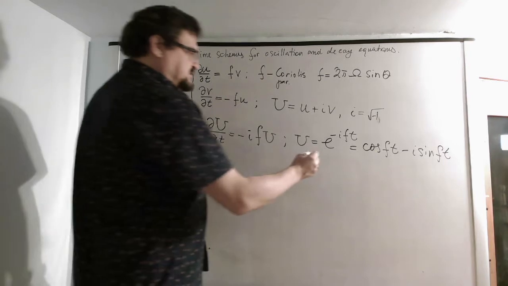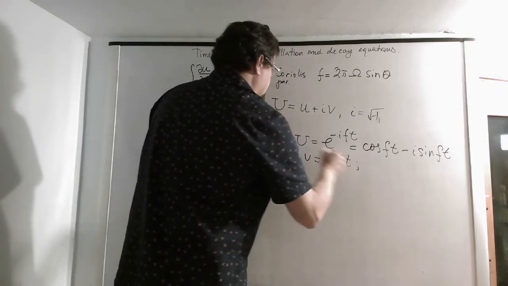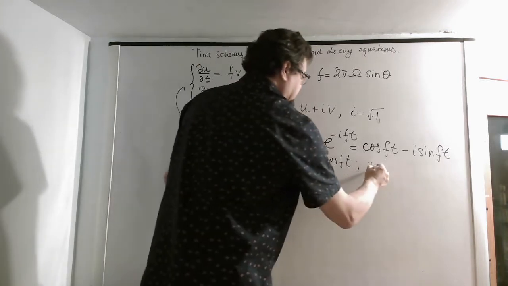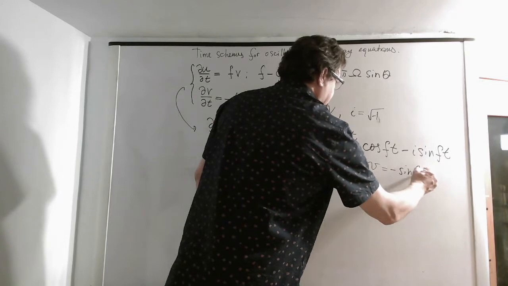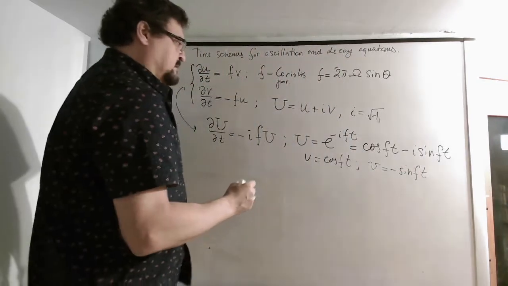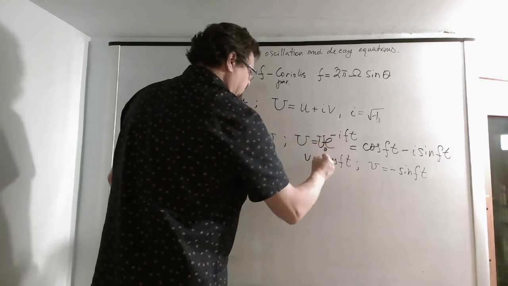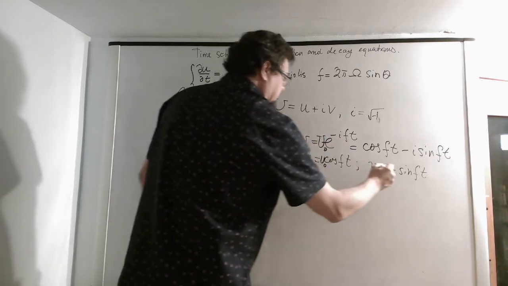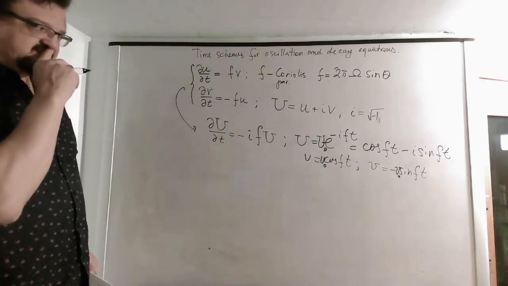So you see that u equals cosine of f t, using this definition, and v equals minus sine of f t, of course times some u0, v0, the velocity at some initial moment.